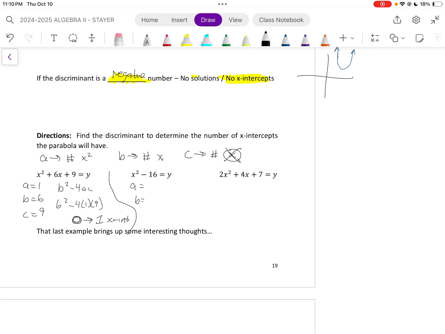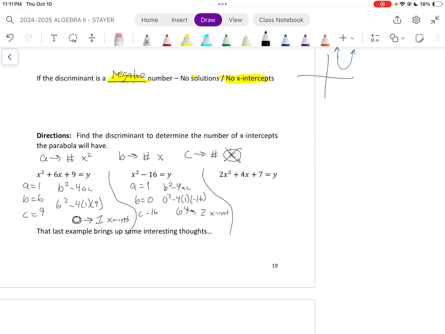A, B, and C. A is 1, B is 0, C is negative 16. B squared minus 4ac, so 0 squared minus 4 times 1 times negative 16. That simplifies to positive 64. Make sure that you can use your calculator, right? That just means we have 2 x-intercepts.